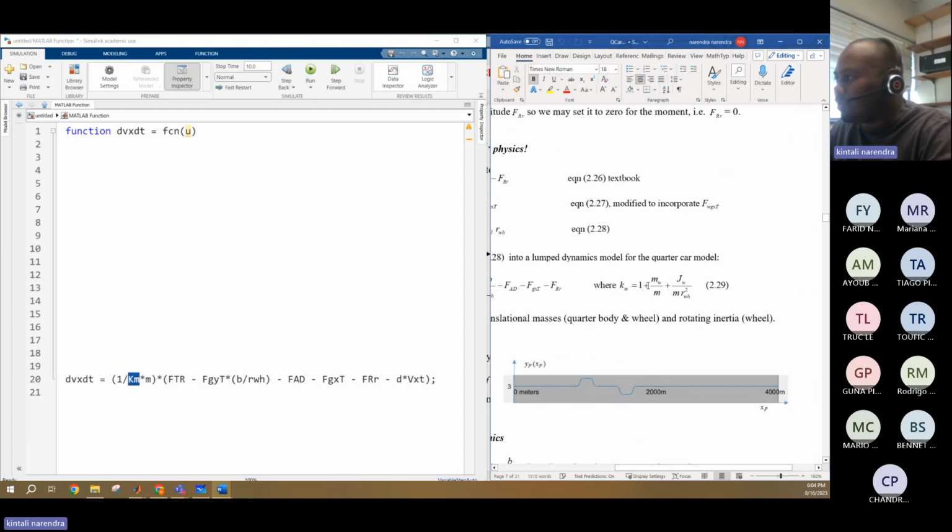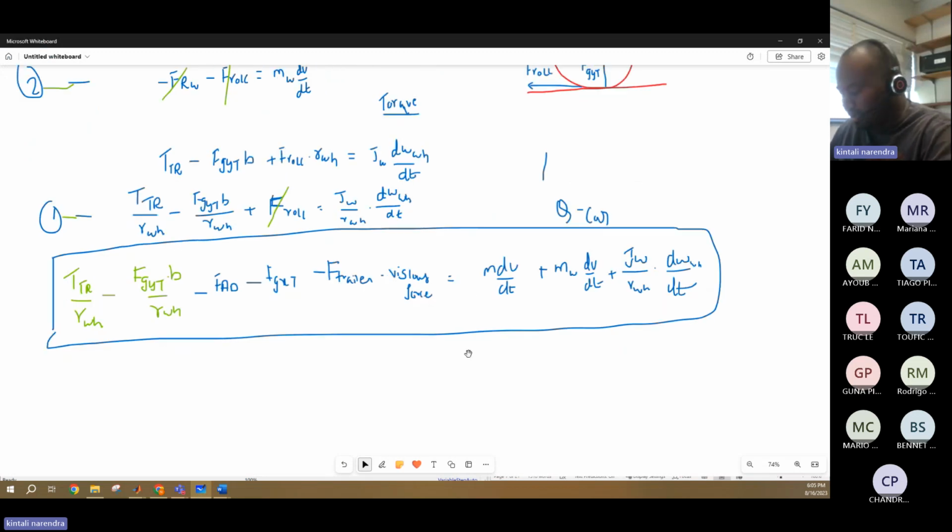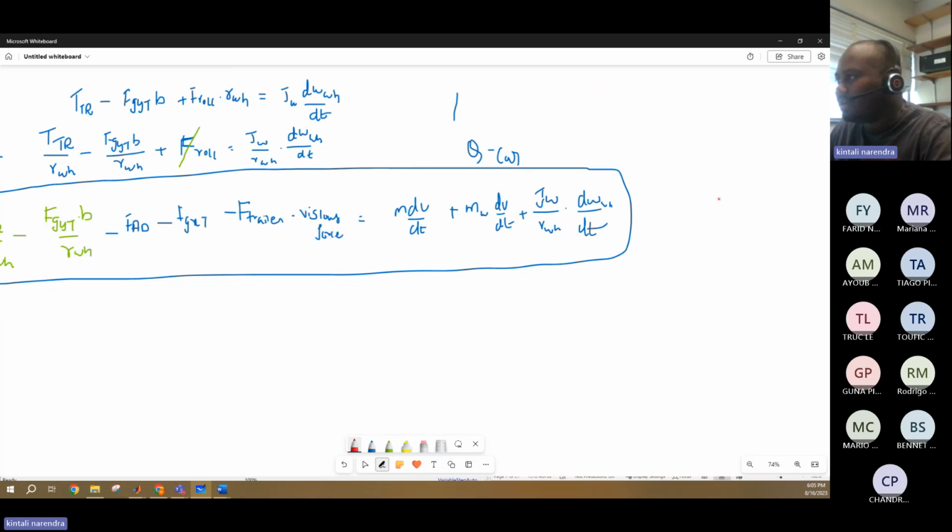Km is equal to 1 plus MW by M plus JW by M RWH square. How did they get it? They minimized this term and replaced it with Km. It is very simple. Velocity of the vehicle is equal to the radius of the wheel, RWH, into angular speed.